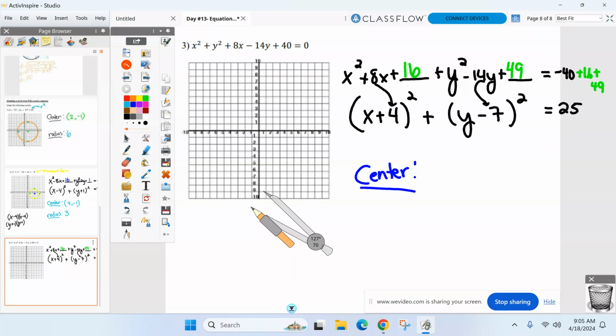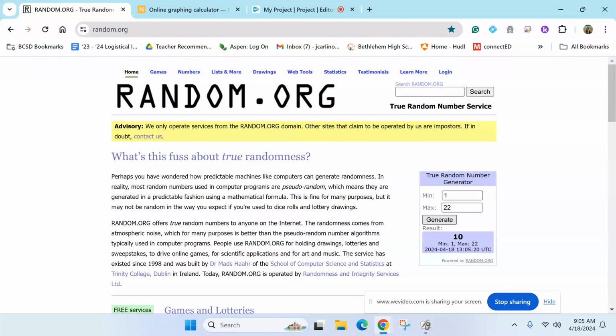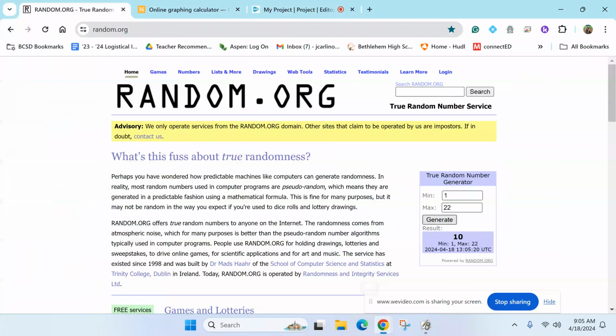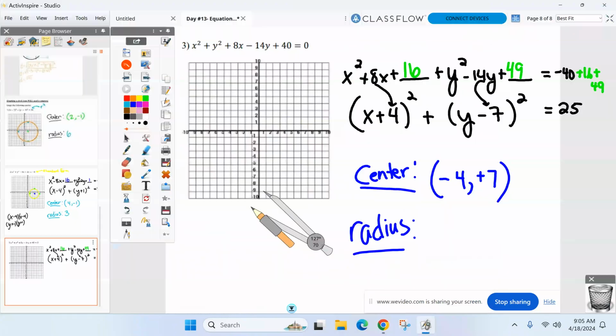How about the center of this circle? Center of this circle, Henry. Yep, -4, 7. And how about the radius length? Radius length, Shara? 5, yep.